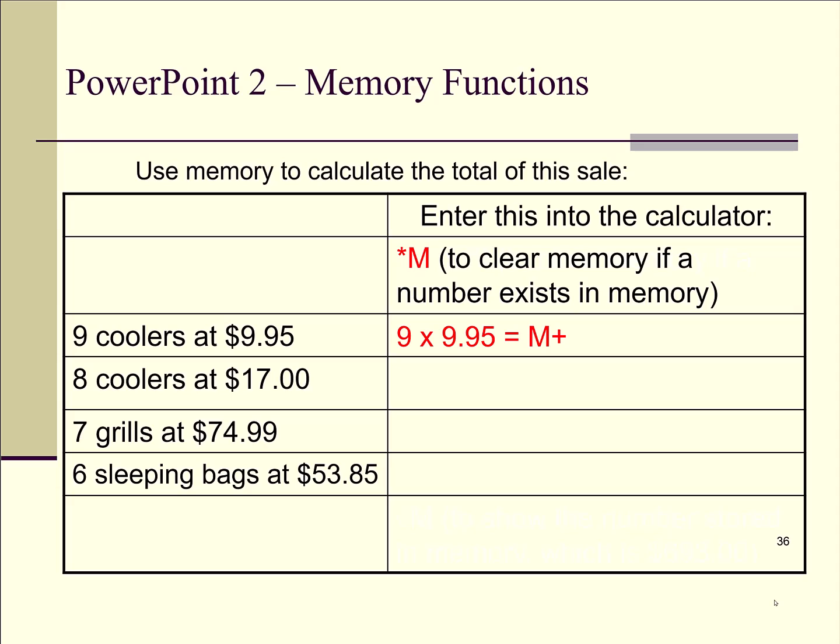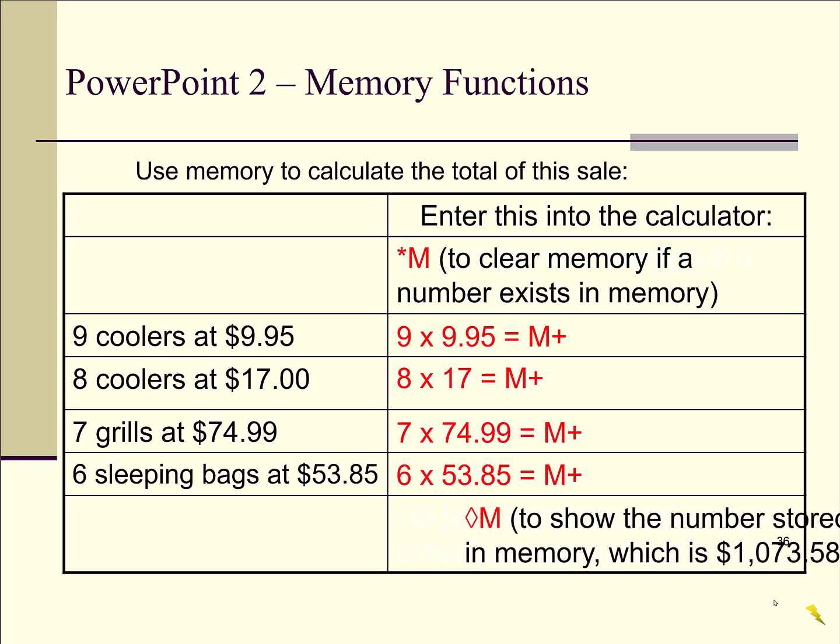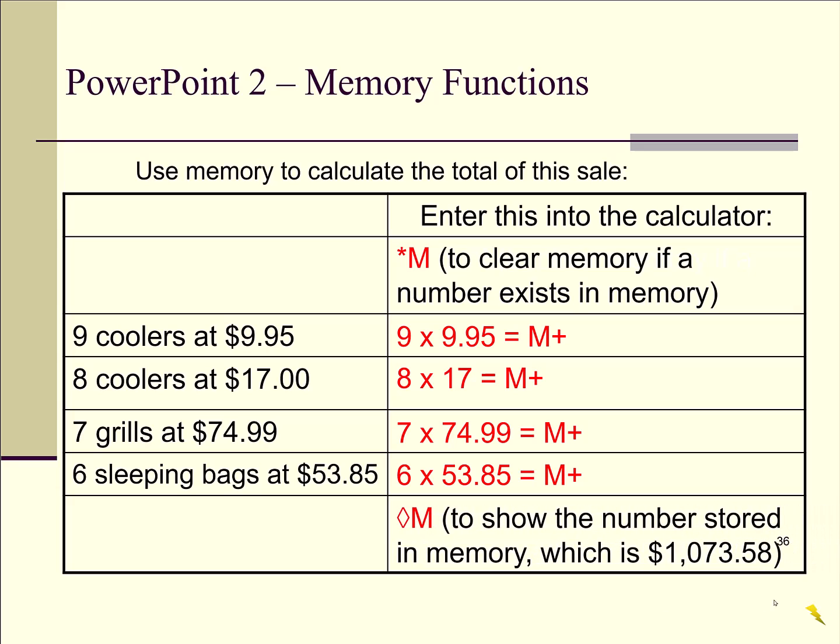Again, the equal sign is optional. I skip it. 8 times 17, M plus. 7 times 74.99, M plus. 6 times 53.85, M plus. And to show us the number that is in memory, we hit Diamond M, and you should get 1,073.58.